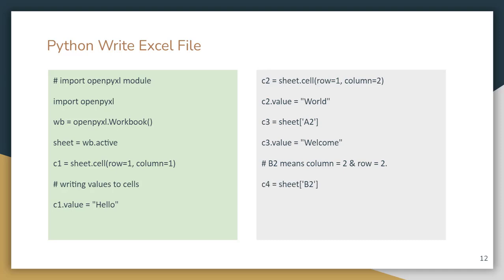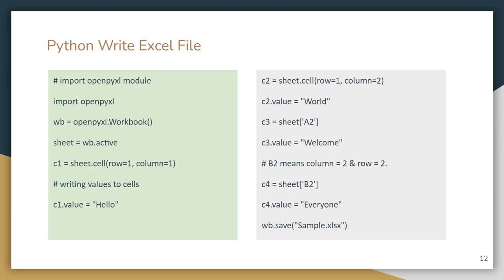Next, c4 = sheet['B2'], that is, we are going to create an object for column B and row 2. c4.value = "everyone", that is, in the B2 cell we write everyone.